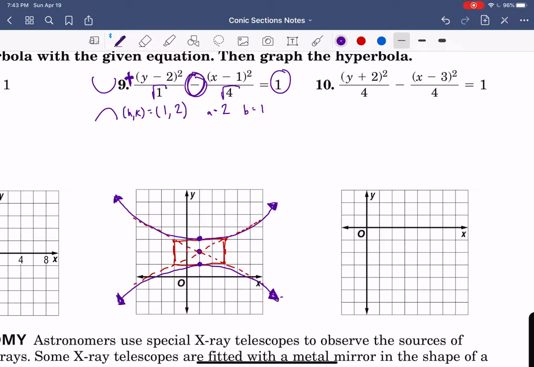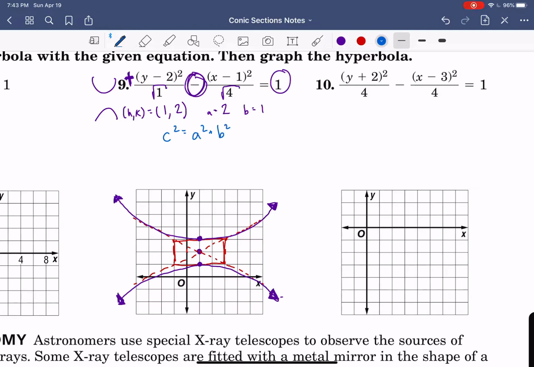And then lastly, we need to find our foci. All right, here because it's opening up and down, the foci are going to be above and below somewhere, but we need to figure out where. And this is the trickiest part, right? Part 5 is using that c squared is equal to, and then lucky enough for us, it's just Pythagorean theorem.